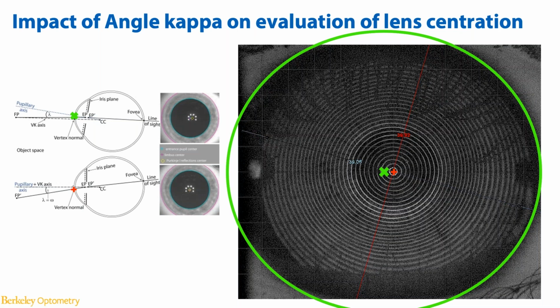This is different than the geometric center of the cornea, which is denoted as the green X. And the larger the angle kappa, the bigger the misalignment between the red cross versus the green X. And if this is not corrected, as you can see from the very last placido ring and how close it is to the limbus versus on the other side, how big the gap is.